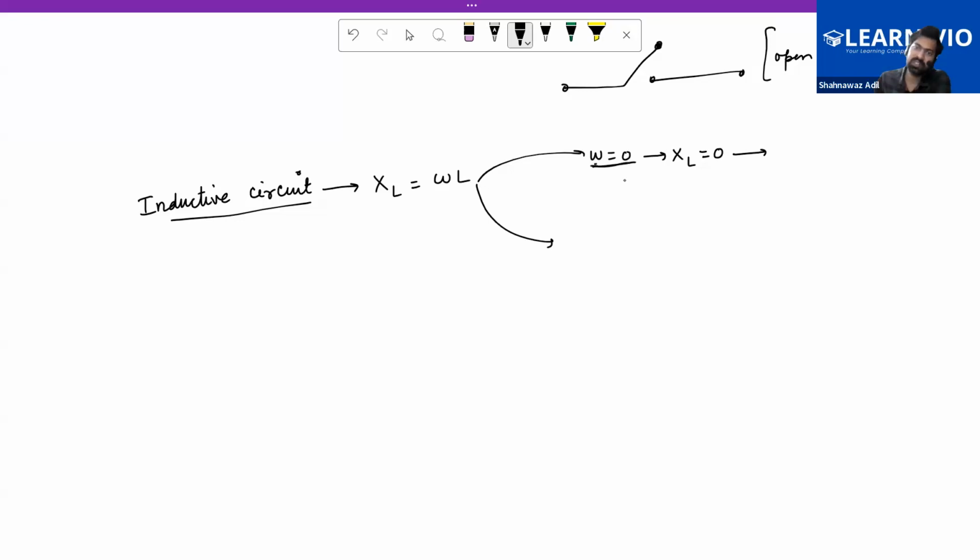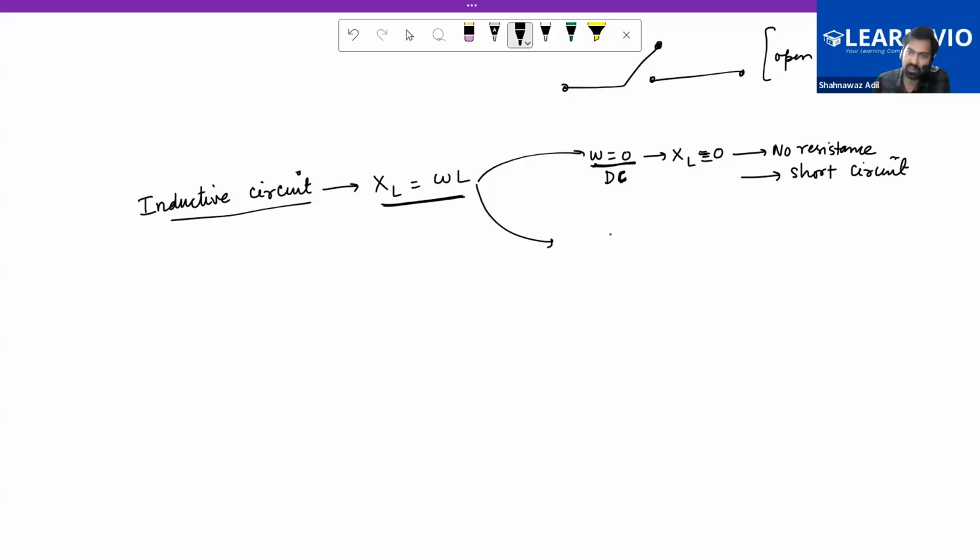This is DC current. XL is 0, meaning no resistance, meaning this is a short circuit. So the inductor provides no resistance to the DC current.